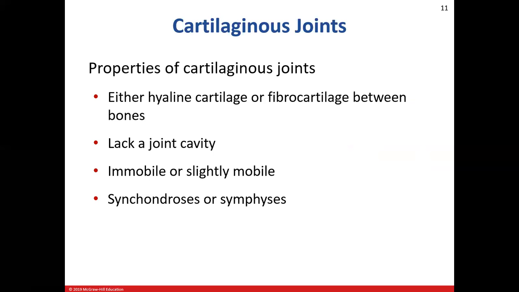Cartilaginous joints do lack a joint cavity, and these are going to be immobile or synarthrotic, or they're going to have slight movement or amphiarthrotic. And the two types that we're going to discuss are going to be a synchondrosis and a symphysis. And you'll notice here, synchondrosis. So we're going to see that chondro term, which indicates a cartilage component.